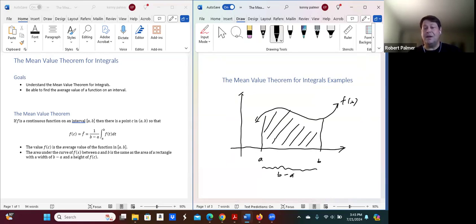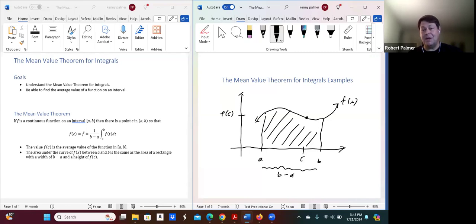And what this says is there's going to be some average function value on this interval. It's going to be some point c. We don't know exactly where it is. It doesn't have to be in the middle or anything. It could be some point c so that f of c, that y value, is the average function value.